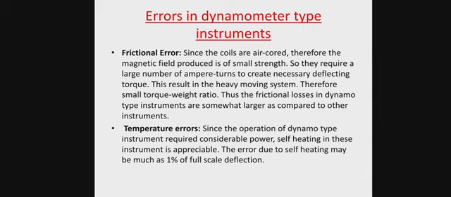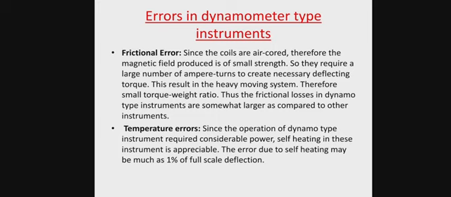This results in a heavy moving system. Therefore, the torque weight ratio is small, and thus the frictional loss in dynamometer type instruments is larger as compared to other instruments.